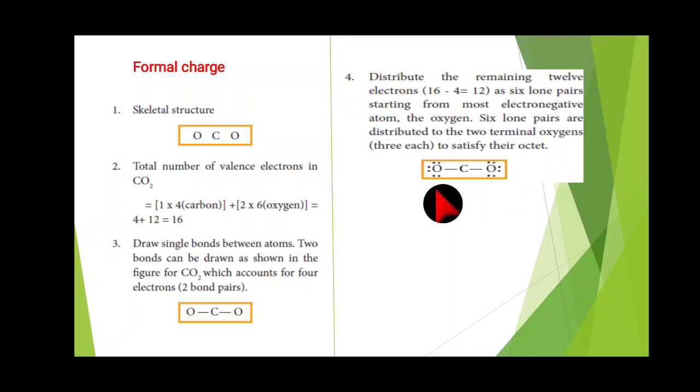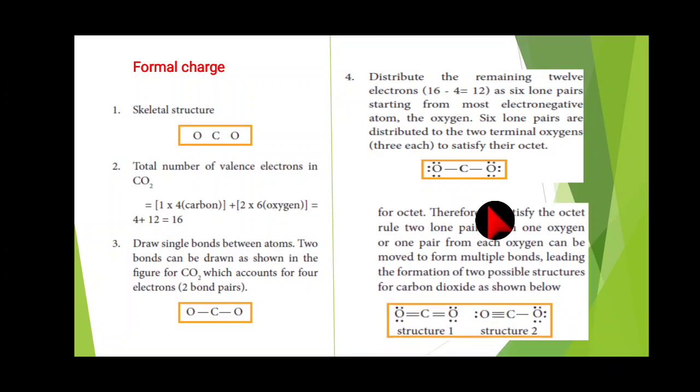Suppose we consider oxygen alone, so 6 electrons, the bond pair 2 electrons, 8. So here another oxygen, 6 electrons, bond pair 2 electrons, totally 8, right? Therefore, to satisfy the octet rule, 2 lone pairs from one oxygen or one pair from each oxygen can be moved to form multiple bonds, leading to the formation of 2 possible structures for carbon dioxide, as shown below.